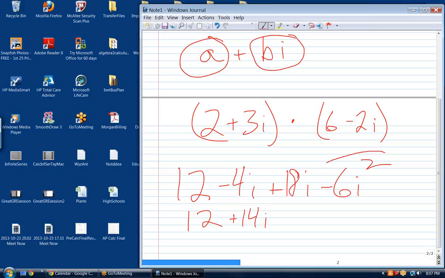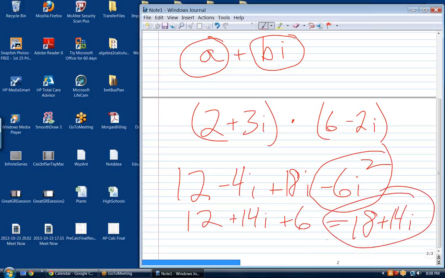What's minus 6i squared equal to? Plus 6. So this becomes 18 plus 14i, your answer when you multiply that times that.